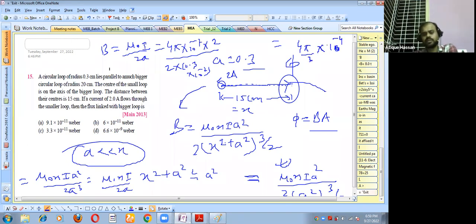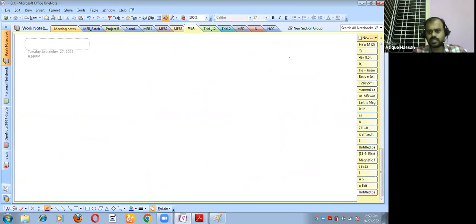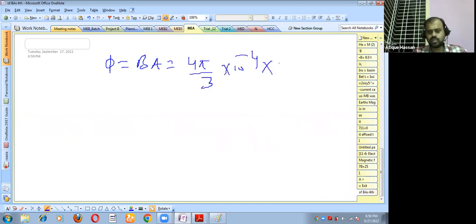Now we have to multiply by area. So the flux through the larger loop is phi equal to B into A. B we got as 4 pi by 3 into 10 to the power minus 4, and the area of the larger loop will be pi into R square.